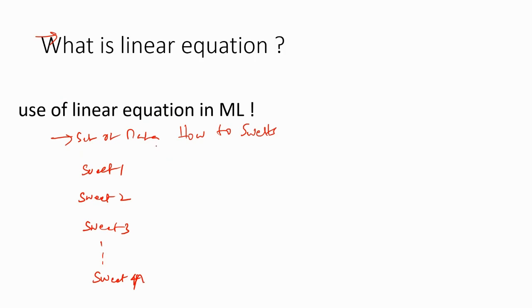And here I'm going to give data for how much milk, sugar and water I need to make sweet 1. So for these three variables, I'm going to give data on how much I add so that I can make a type of sweet 1. Let's say that I'm going to mix 2 parts of milk, 1 part of sugar, 3 parts of water, so that it gives us sweet 1.